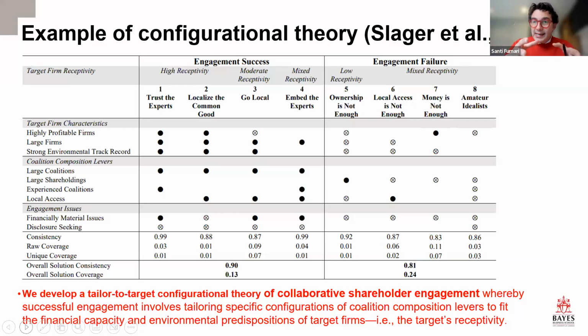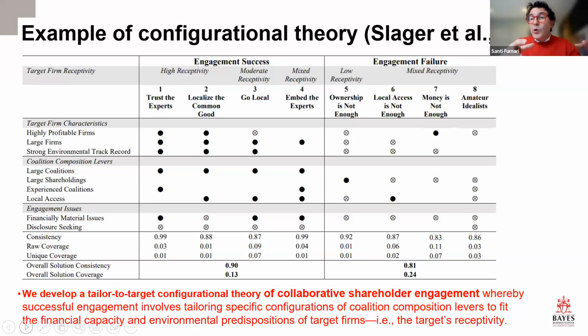So what we see here, let me just explain briefly what this is. We were trying to explain engagement success. And engagement success is shareholder engagement that we're talking about. So it's coalitions of shareholders, groups of investors getting together into coalitions to exercise pressure on corporates to reduce the level of CO2 emissions or adopt climate change, climate action practices that can address this big complex problem.